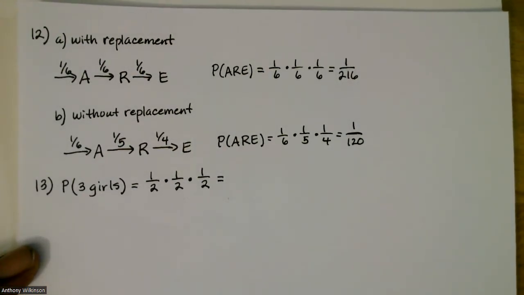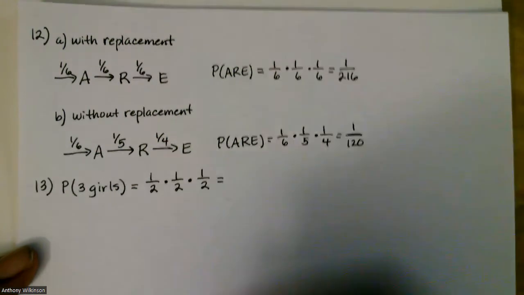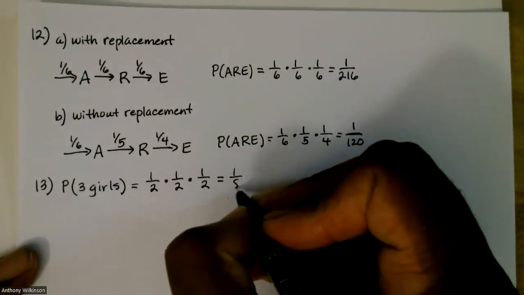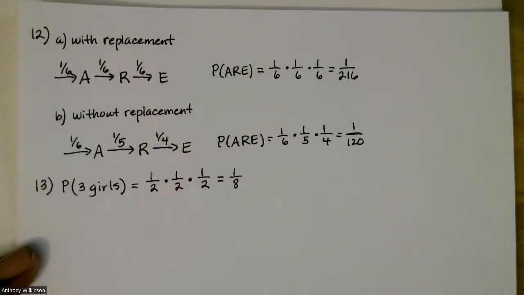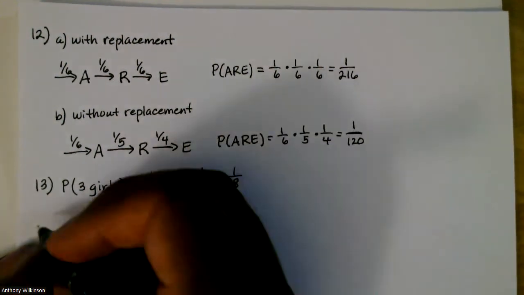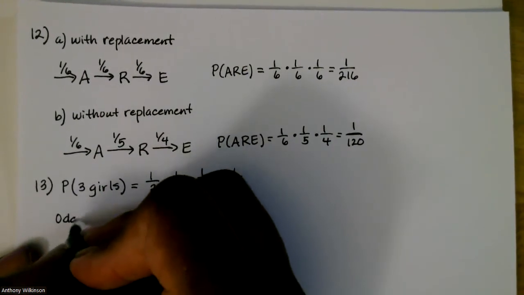So we're going to multiply 1/2 times 1/2 times 1/2, which will give me 1/8. That's the probability of getting 3 girls if the family wants 3 children. Now, what are the odds against?